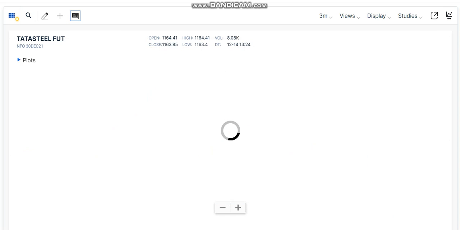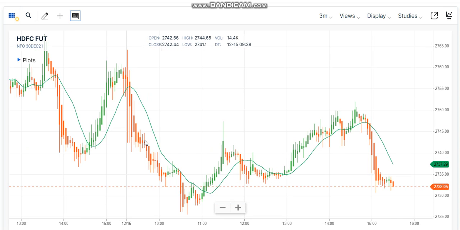Coming to the HDFC chart, yesterday it gave a good movement on both sides. But when a down rally or any rally happens, the number of points given in that rally will not be equal in the reverse, because exactly half of the points will be given in the reversal.